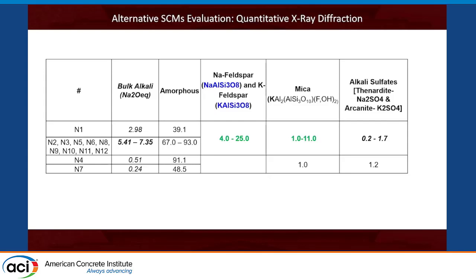Those alkali generally don't come into the solution. So that's a good thing, that there are crystalline phases which bind the alkali. And alkali sulfates are very highly soluble. Those alkali sulfates are the primary source of soluble alkali in cement. Those are the primary source in Class C ash. Those are extremely low in natural pozzolans.